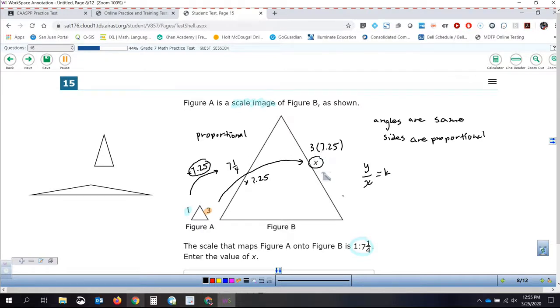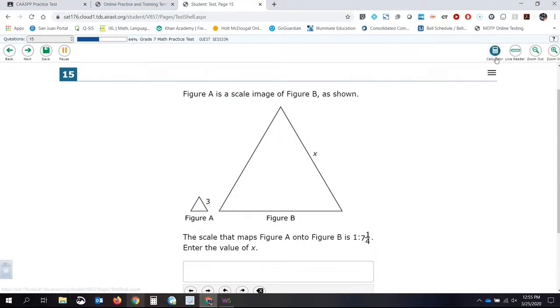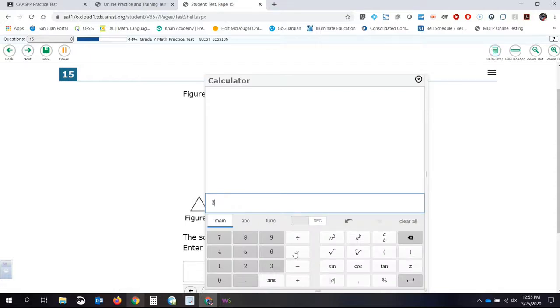3 times 7 is 21. And 3/4 makes 75 cents, 21.75. But remember, I said you could check your work on a calculator. So let's go ahead and check our work. We had 3 times 7.25.